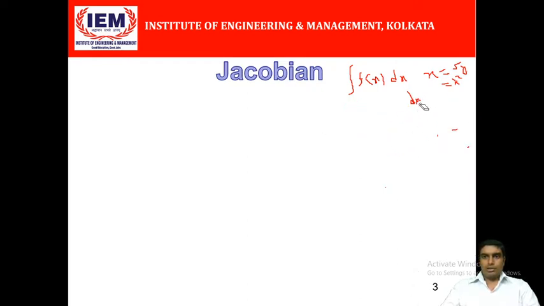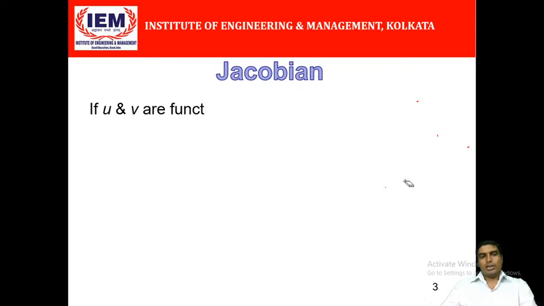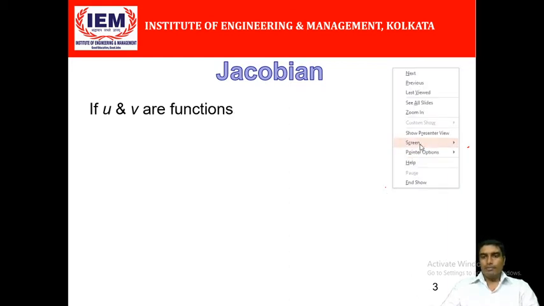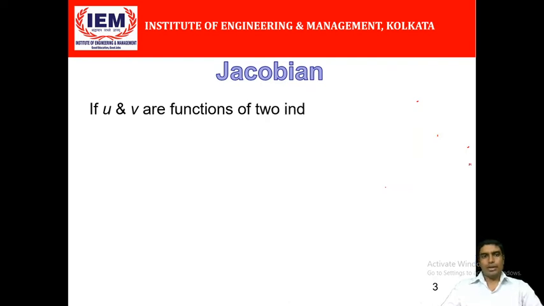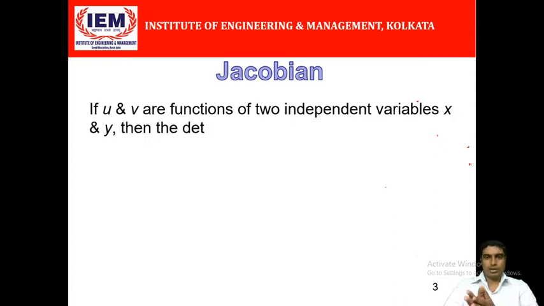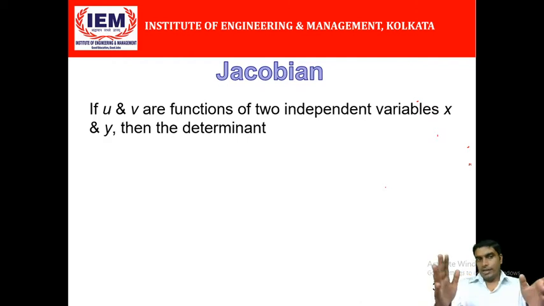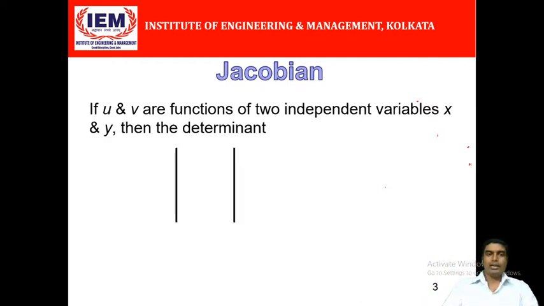Now I'll start with how we can find the Jacobian for changing the variable. This is one application of the Jacobian. Suppose you have two variables u and v, which are functions of two independent variables x and y. Then the Jacobian is basically a determinant. How to find this determinant?